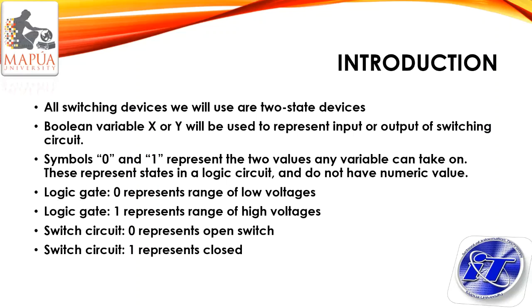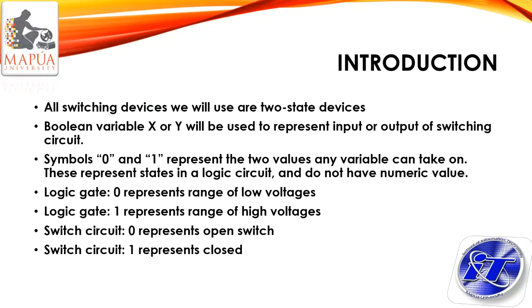In discussing Boolean algebra, we're going to refer to a switching device, which accepts two states, or what we call a two-state device. For the input, we're going to use Boolean variables like x or y, and another variable that represents our output.